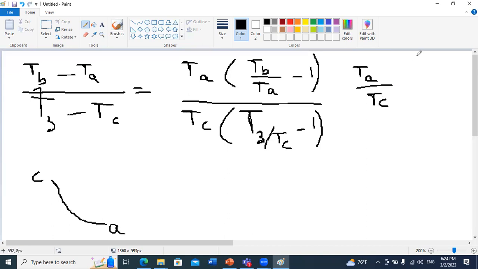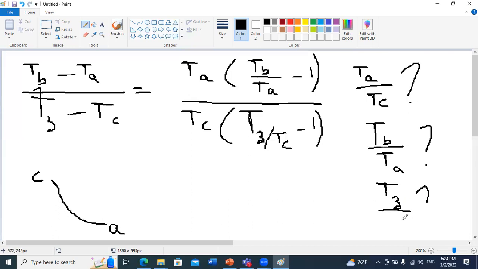This is the first ratio I should look for. I should determine TB over TA, and I should determine TZ over TC. If I am able to find these factors as a function of the parameters they asked me for, then I can find the expression of my efficiency in simple form. So we'll start with each of these ratios one by one.